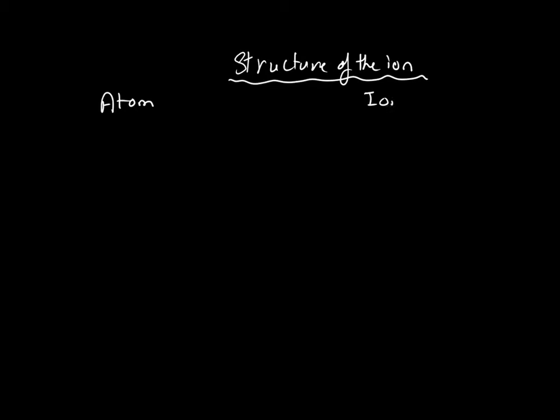Now we need to learn more about the structure of the ion. Let's draw an atom and an ion of some elements. First, if we have oxygen, look for the period and group: period 2 and group 6.